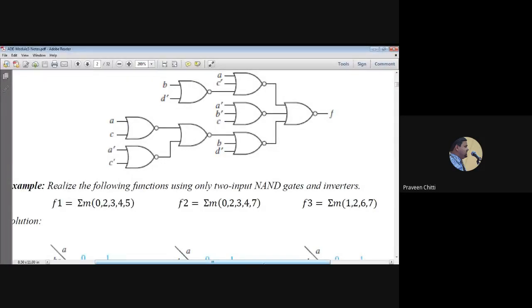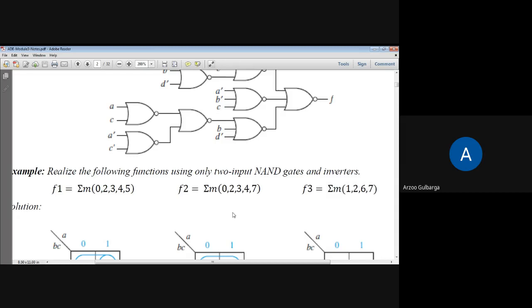Can anybody read the example there? Can someone read? Yes? Realize the following functions using only two input NAND gates and inverters.